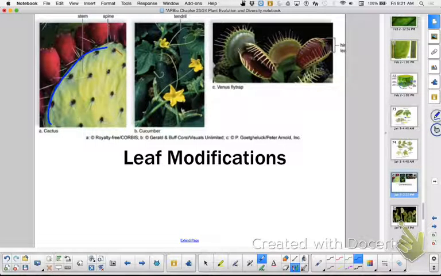So that is one adaptation. Here's a cucumber. You can see it's kind of curling around. Here's a Venus flytrap. What is it trapping? Flies. Why? Because Venus flytraps and things like pitcher plants tend to live in soils with an adaptation to overcome nitrogen deficient soils. Plants need nitrogen.